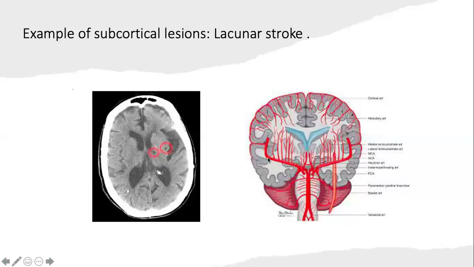Sometimes if it hits a silent area, the patient may have no symptoms, but I find them in the brain image. But if it hits the fibers of the corticospinal or the sensory tracts, the patient will present with the symptoms we mentioned, and I do the brain image and can find these small lesions. So a small lesion like this can sometimes produce a significant deficit, especially if it hits the corticospinal tract. Is that clear? So this is an example of a subcortical lesion.